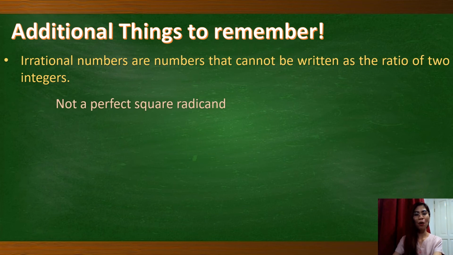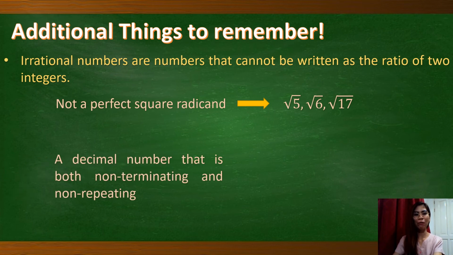An example of an irrational number are radical expressions that do not have a perfect square radicand, like the square root of 5, the square root of 6, and the square root of 17. Another example of an irrational number that we have mentioned a while ago is a decimal number that is both non-terminating and non-repeating.